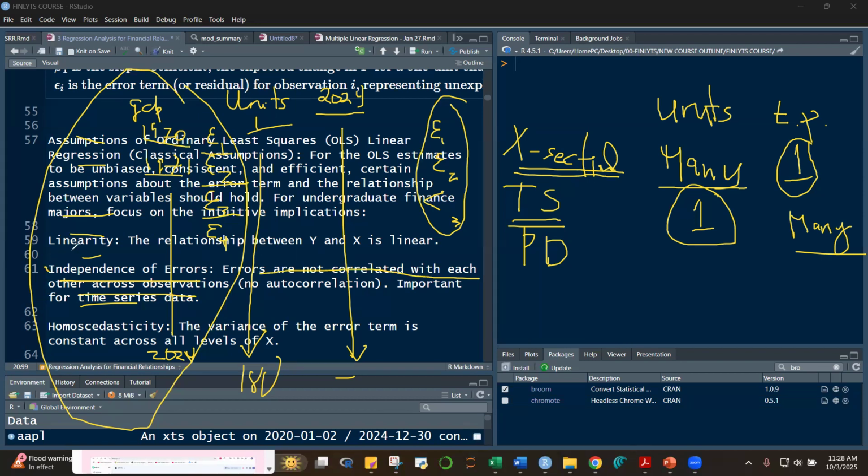So this assumption of independence of errors is only valid for time series or panel data, because panel data means you have many units and many time periods. Using this example, you have 180 countries, from Azerbaijan up to Zimbabwe, in year 2010.